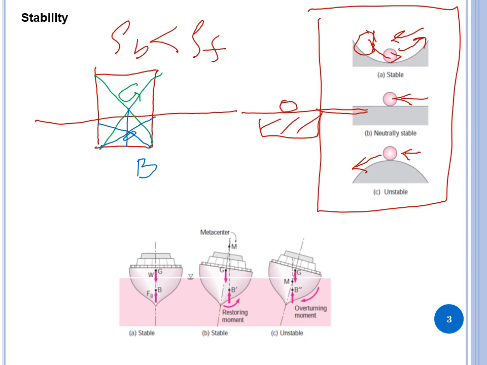Now I draw a second scenario where it is slightly tilted to the right.